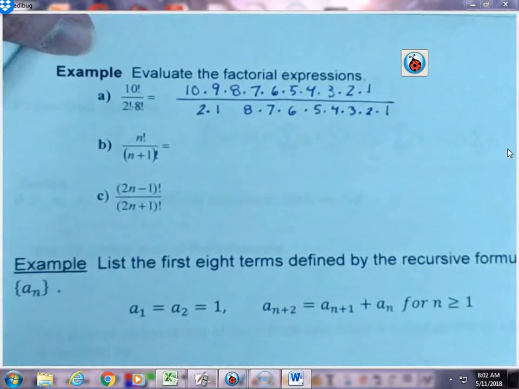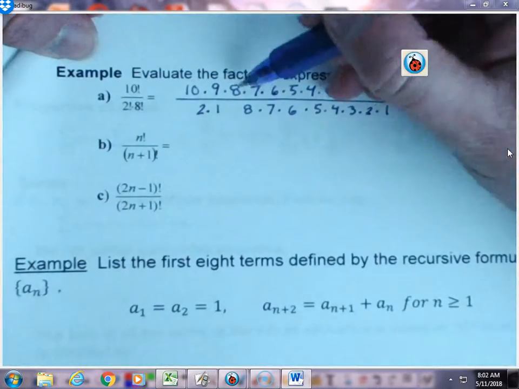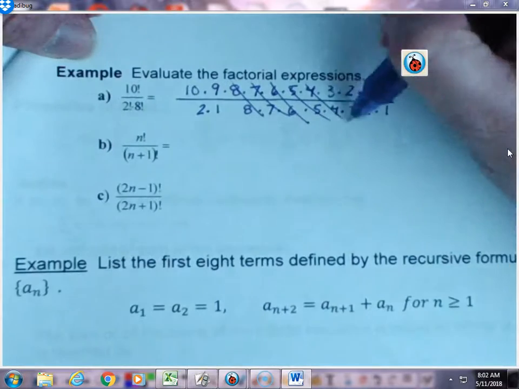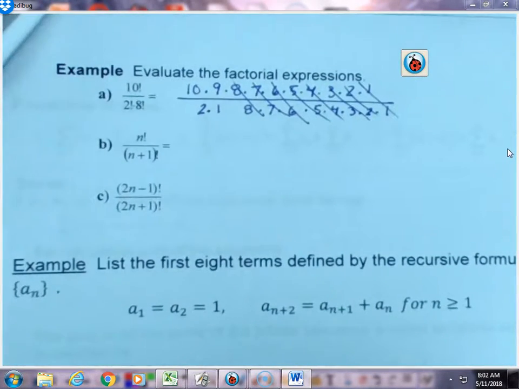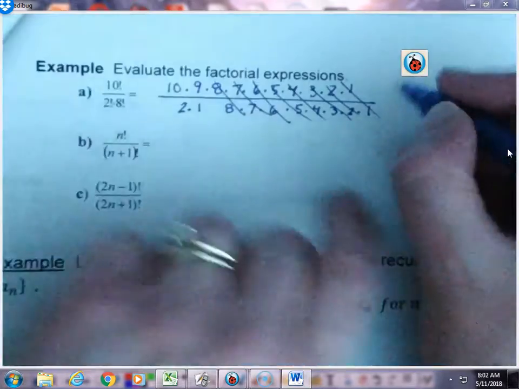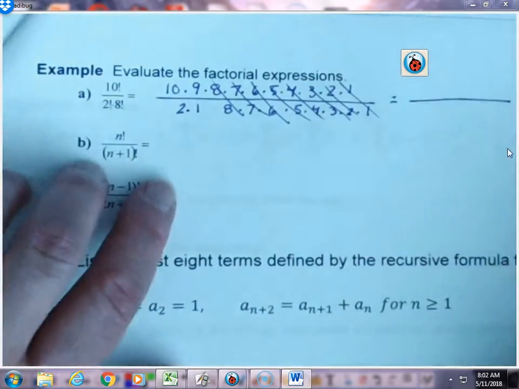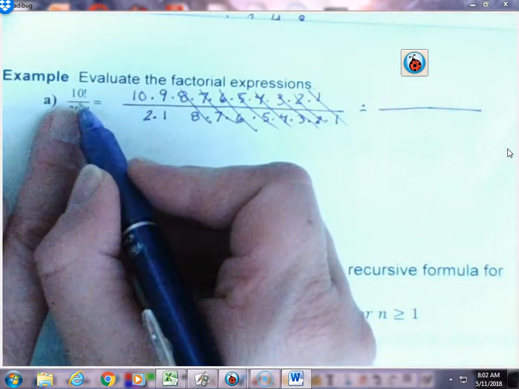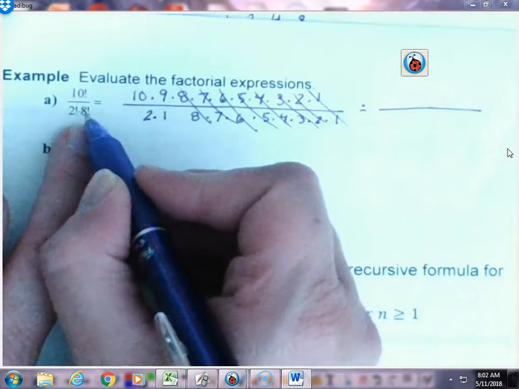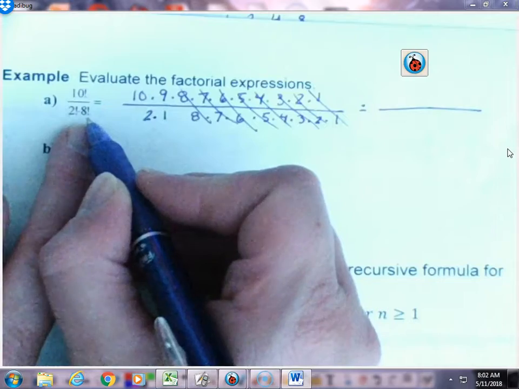What do you notice? A lot of these cancel. I wrote a lot of stuff out that I didn't really need to write out. The shorter way to do that, because all of those are going to cancel, is you can just start with the higher factorial and go down by 1 until it matches the factorial on the bottom.